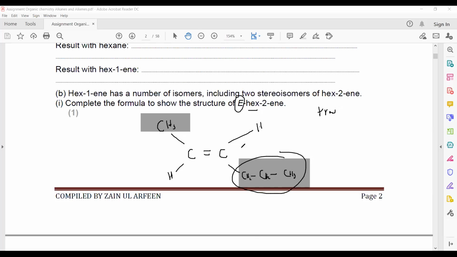Because the heavy groups are not the same type. When heavy groups are of the same type, but on opposite sides, I can say E or trans. But if different types of heavy groups are on opposite sides, then we cannot use the term trans. It should always be E. Is it clear, this part?